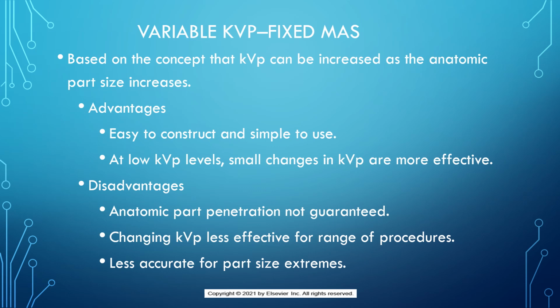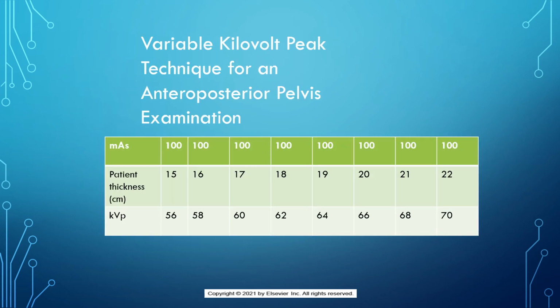The other thing is, with holding the mass fixed, you don't have the opportunity to save dose for your smaller patients. So with the other strategy, you were overdosing hypersthenic patients. With this strategy, you're overdosing asthenic patients. All right, so here's an example of a variable kilovoltage chart. And you can see for that smaller part thickness, we're still dosing them with 100 mass.